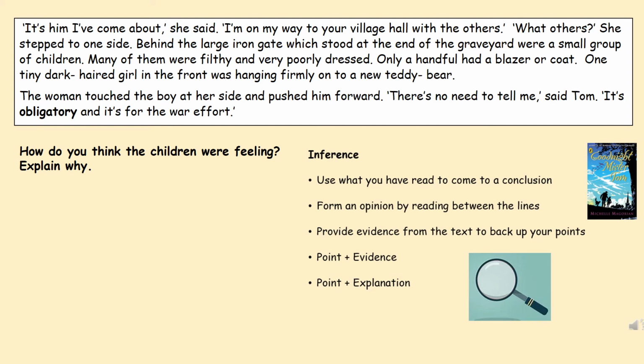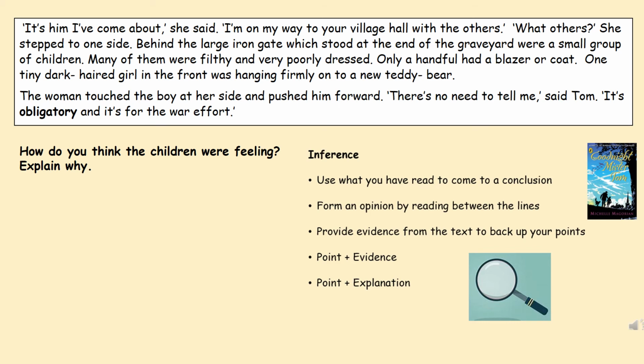"It's him I've come about," she said. "I'm on my way to our village hall with the others." "What others?" She stepped to one side. Behind the large iron gate which stood at the end of the graveyard were a small group of children. Many of them were filthy and very poorly dressed.